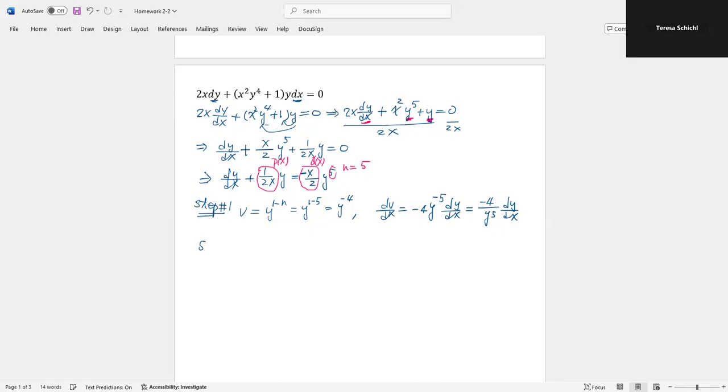Then step number 2. We want to change dy/dx to be a function of dv/dx. So dy/dx will be equal to just times the reverse constants here.